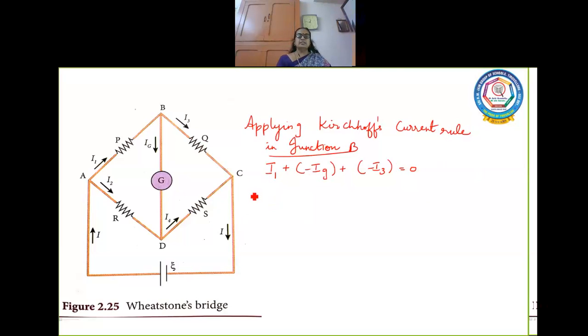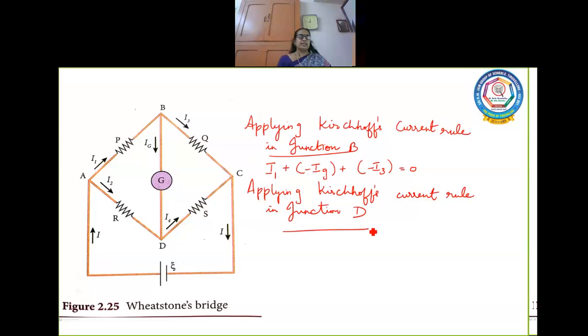Next we are going to apply Kirchhoff's current rule again, now in junction D. When I apply Kirchhoff's current rule to junction D, the current entering here is plus I2.